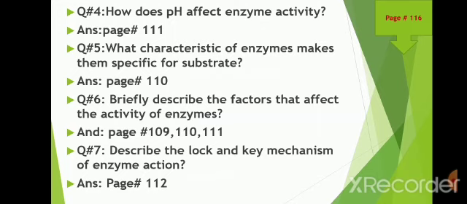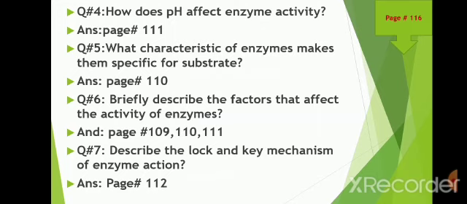Question number 4. How does pH affect enzyme activity? Answer is on page number 111. We have discussed that, like temperature, enzymes also have their own specific pH at which they perform their activity.